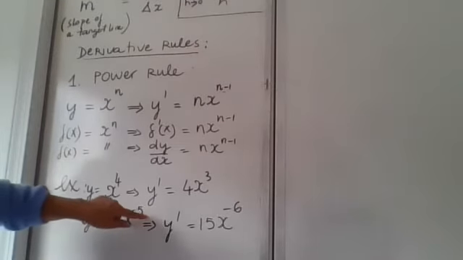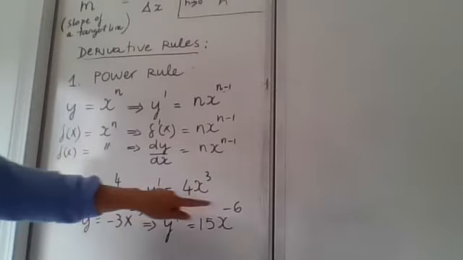Minus 5 minus 1 becomes minus 6. And that's our answer for now. Now, if you learned in the past about negative exponents, you can bring it down and change it to a positive exponent. And that's our final answer using the power rule. Very straightforward, right?